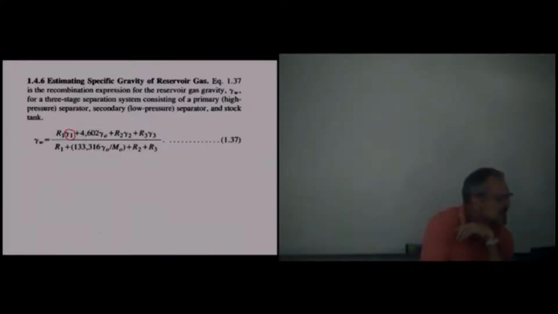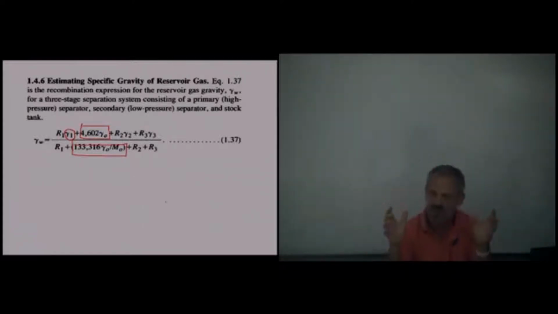Now, this middle term has to do with the molecular weight and the gravity of the oil. I went through this last week. Of course, if you're watching for the first time, this is the first time you're getting this, but the oil or condensate in the stock tank was once a gas.